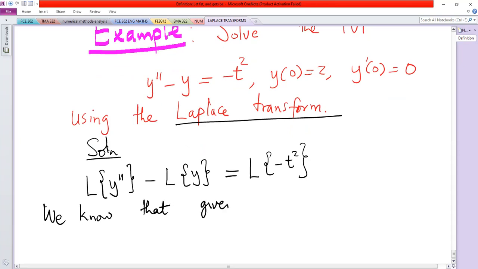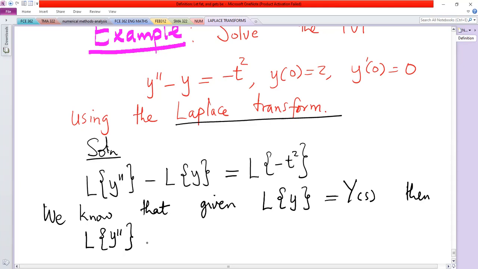given the Laplace transform of y is capital Y of s, then the Laplace transform of y double prime is given by s squared capital Y of s minus s y at 0 minus derivative of y at 0.